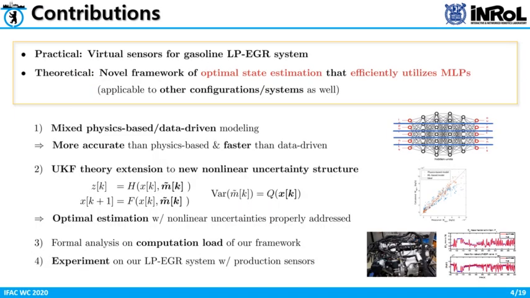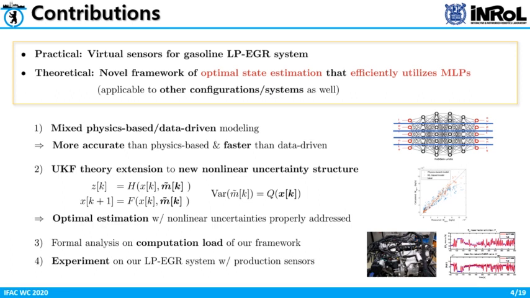The practical contribution of this paper is that we develop virtual sensors for gasoline LP-EGR. The theoretical contribution of this paper is that we propose a novel framework of optimal state estimation that efficiently utilizes multilayer perceptrons, which is applicable to other configurations or other systems as well.